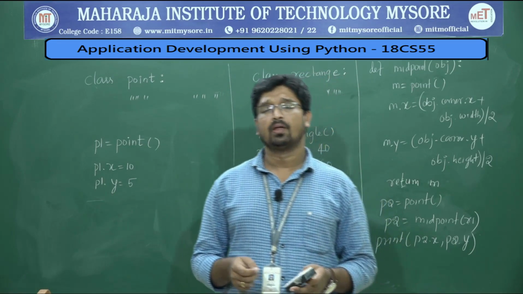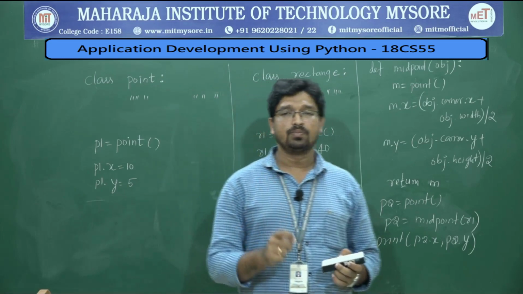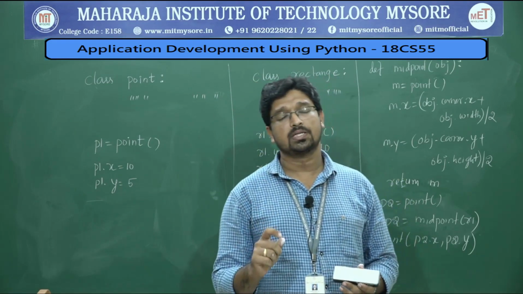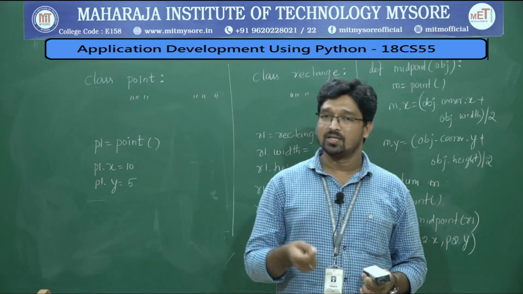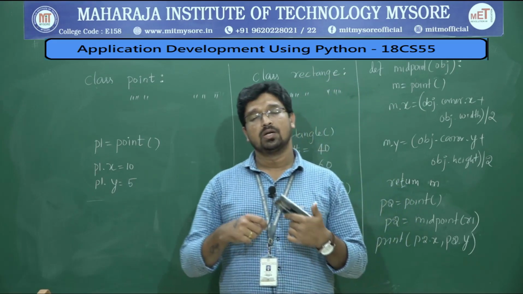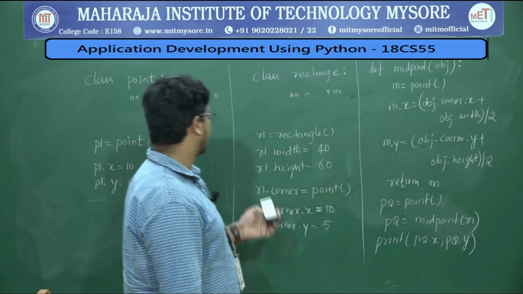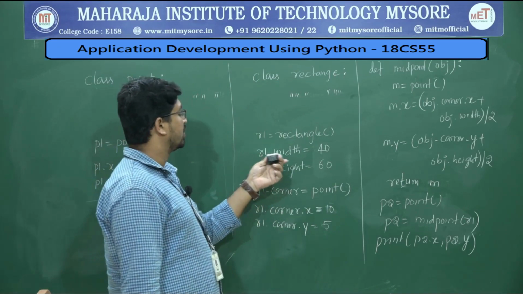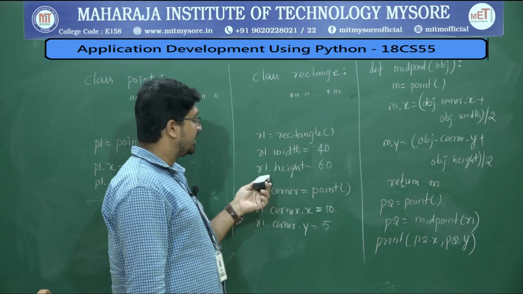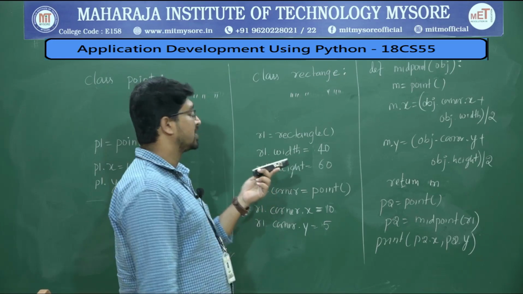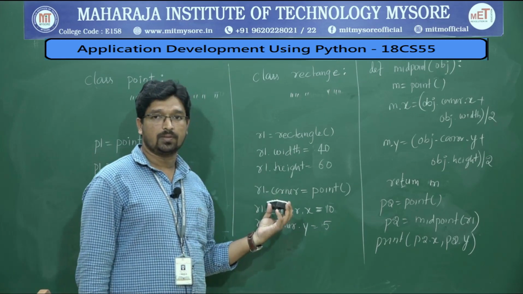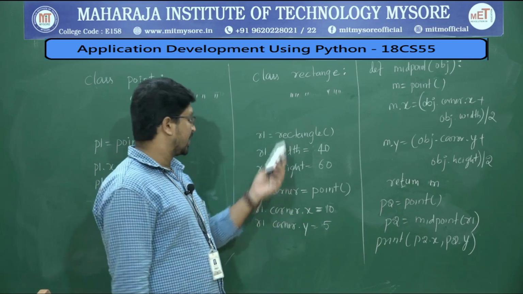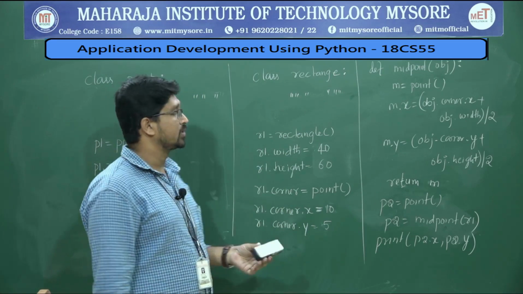In the same way, the objects are mutable. You can change the value of objects once they are stored. For example, you can consider R1 dot width is 40. Later in time you can change R1 dot width to 100. It is possible.